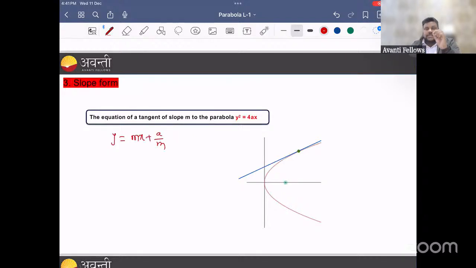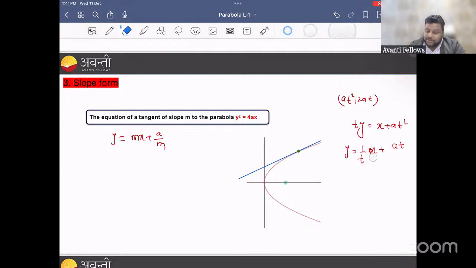Now see, let's learn something from here. At the point (at square, 2at), you have the tangent as ty equals x plus at square. Now I divide this equation by t. So you get y equals (1 by t) x plus at. Now do one thing: replace this 1 by t as m.